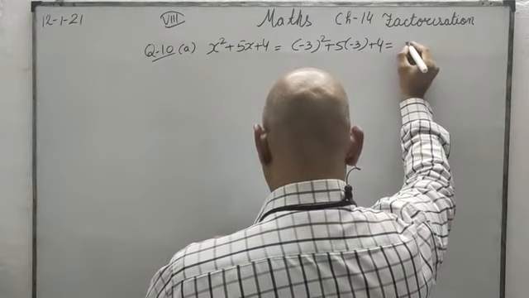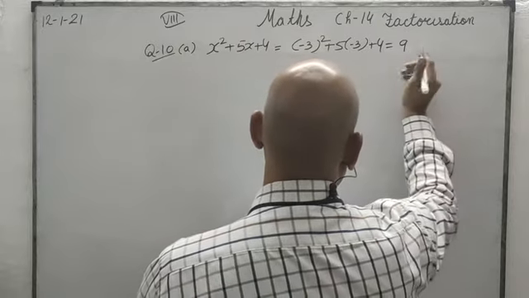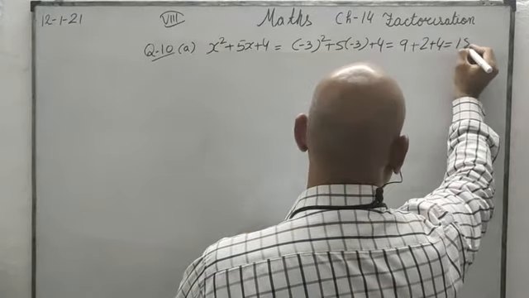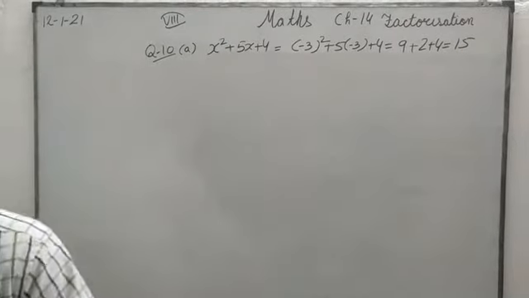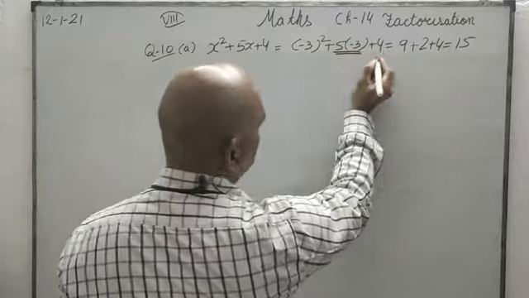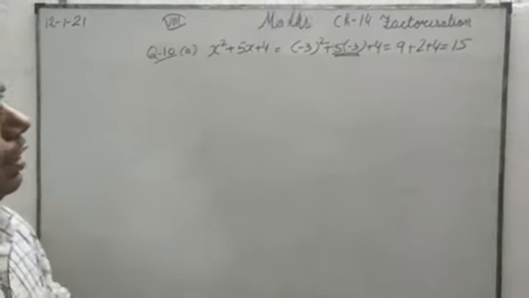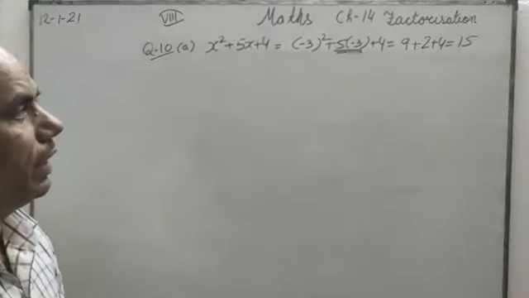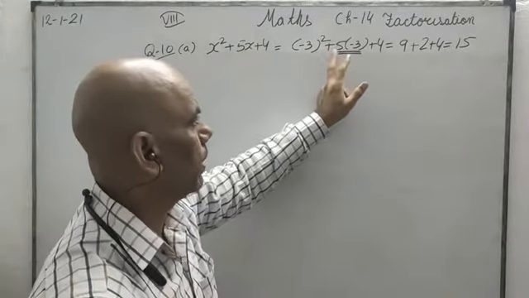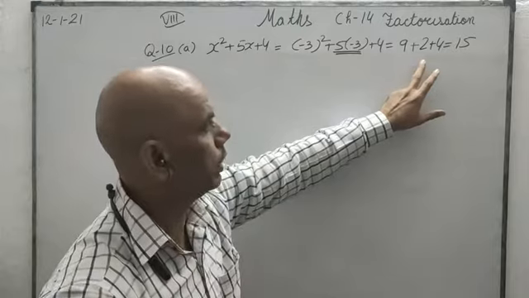So the answer is 9, 5 minus 3 is 2, plus 4 is equal to 15. So what mistake has he done? Here these should have been multiplied. Since 5 is outside the bracket, 3 will be multiplied with 5, and he has subtracted 5 minus 3, 2. So it is wrong.